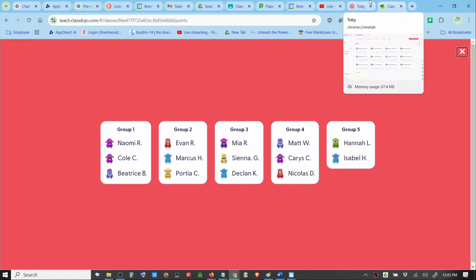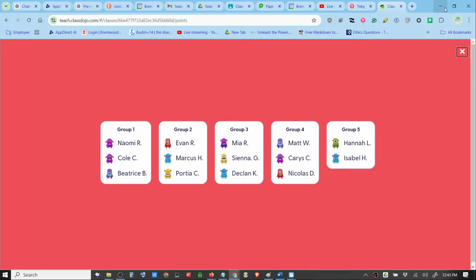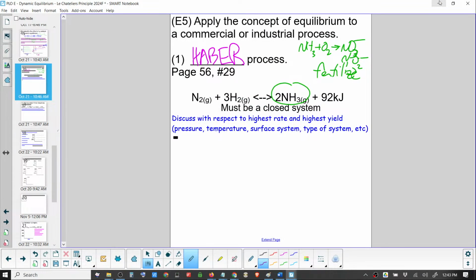So you want to shove the reaction to the product side. You want ammonia, so you don't want hydrogen and nitrogen gas. I don't know if this is the scenario or not. It just kind of says it. Increase volume? Yeah, sorry. That would make it shift this way.